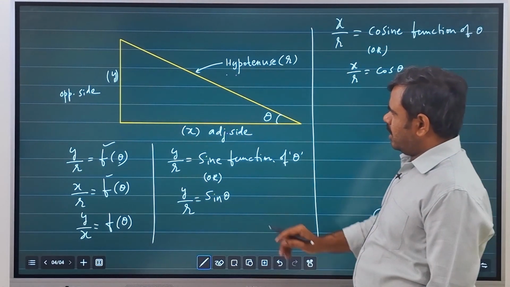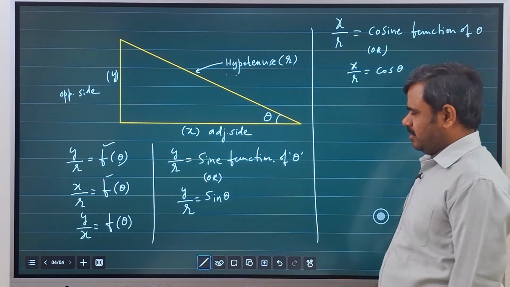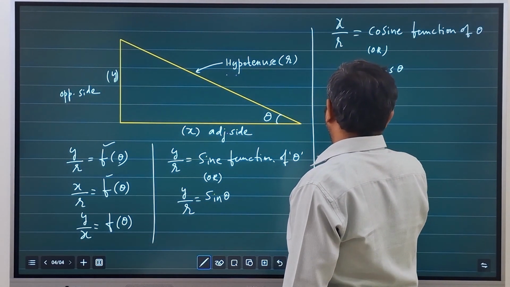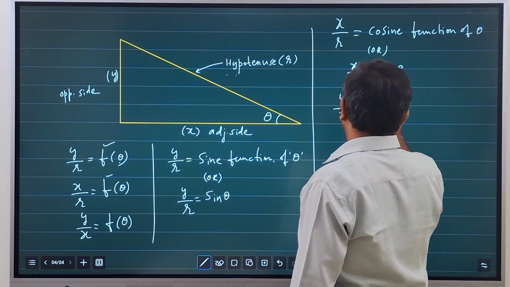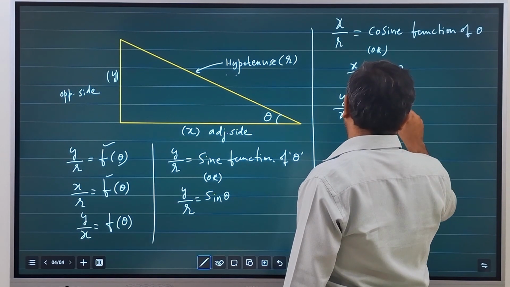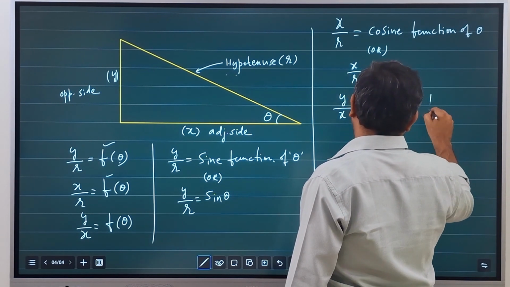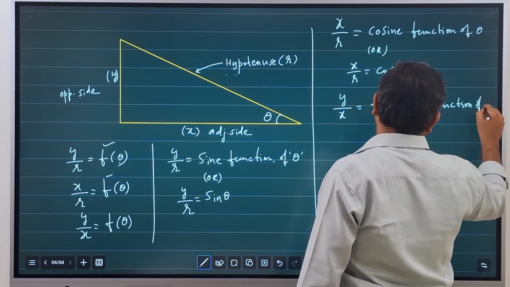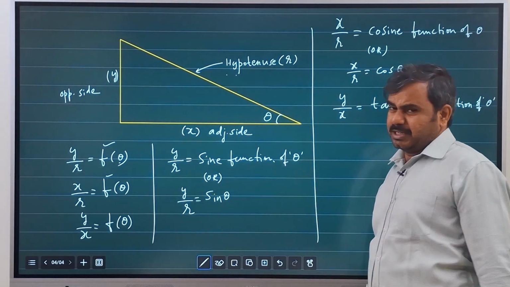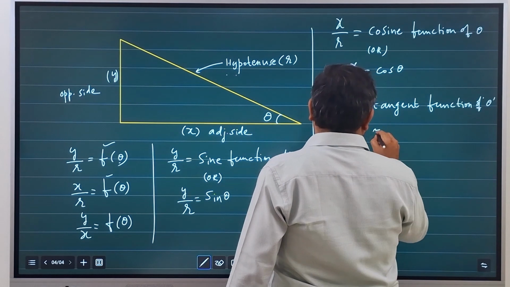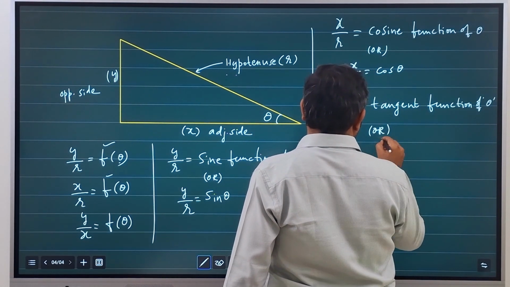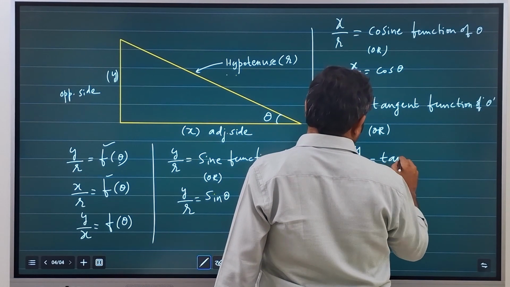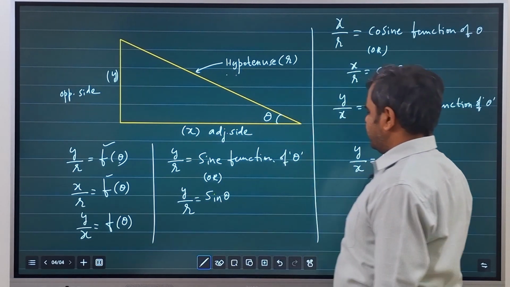And the ratio opposite side to adjacent side, that is y divided by x, is called tangent function of theta. Tangent function of this angle theta. Or in the short form, we would write it as y divided by x is equal to tan theta.